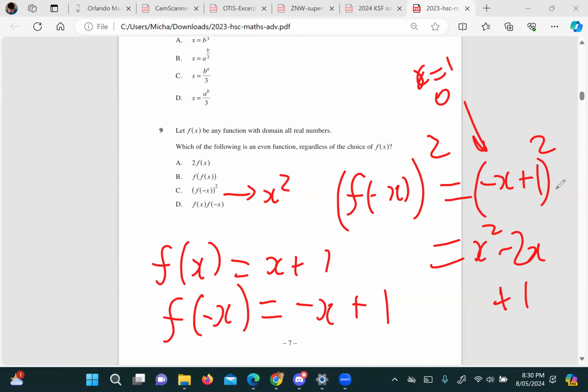Because it's 1 minus 1. If you put negative 1 in here, what do you get? 2. You get 2 squared, right? So it's not 0, but they're different. So it proves that A, B, C are not.